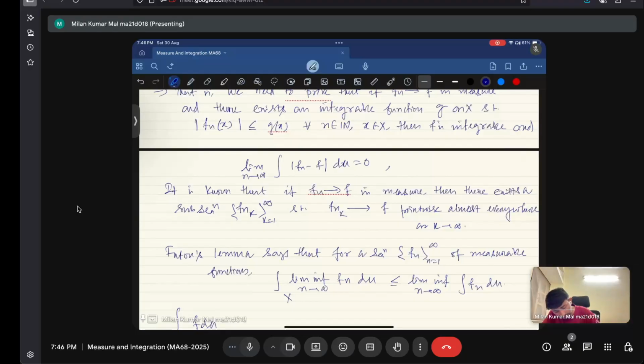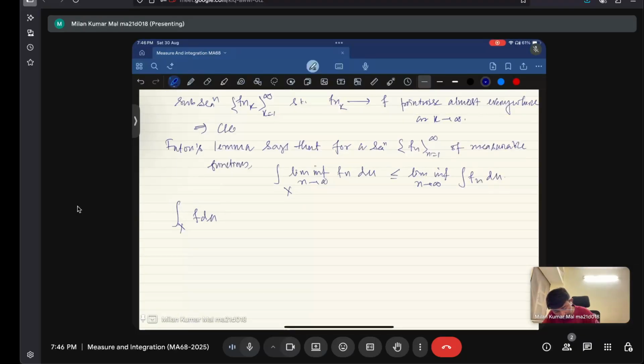Note that clearly f is integrable by applying DCT on f_{n_k}, k equals 1 to infinity.